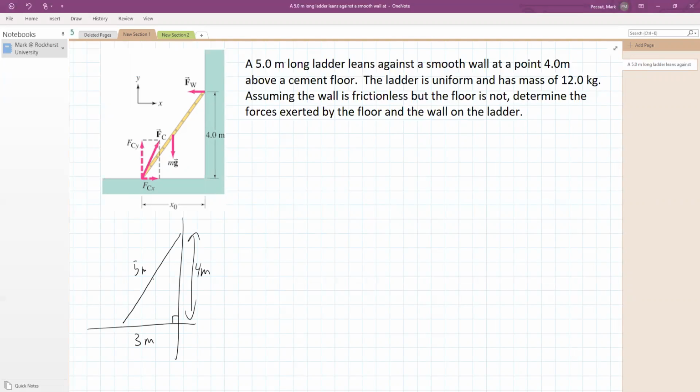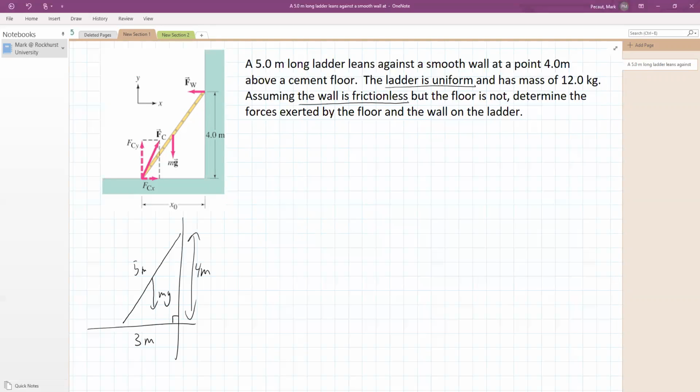The other thing we notice is that because the ladder is uniform, the force of gravity acts at the center of mass of the ladder. So that's going to be the weight of the ladder pulling down. And they say that the wall is frictionless. Recall that there's two kinds of contact forces.